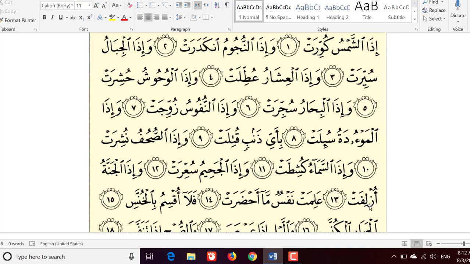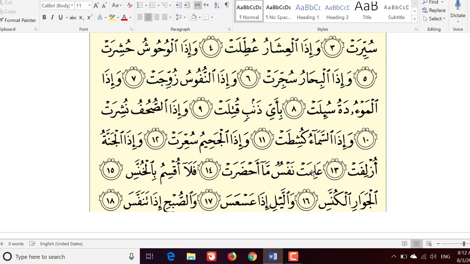And then alimat nafsun ma ahdarat. So here this proves what we mentioned earlier, which is that nafs by itself is considered feminine, and that's why it says ma ahdarat, and what it is sent forth, any the soul. And so it has the ta with the sukun, singular feminine, because it itself is singular feminine.